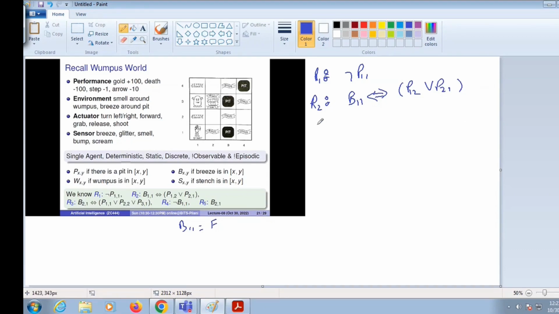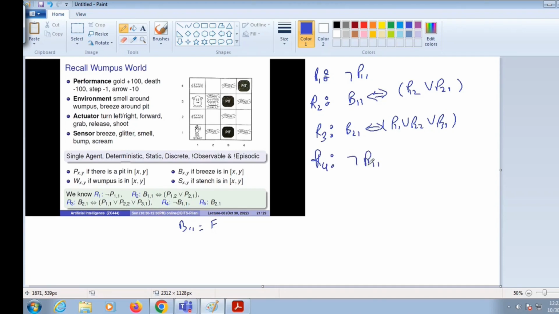Yes. Similarly, R3 is a statement that says if there is a breeze in 21, it means that P11 or P22 or P31. So similarly, you can understand this also. R4 is the next statement, that not of B11.